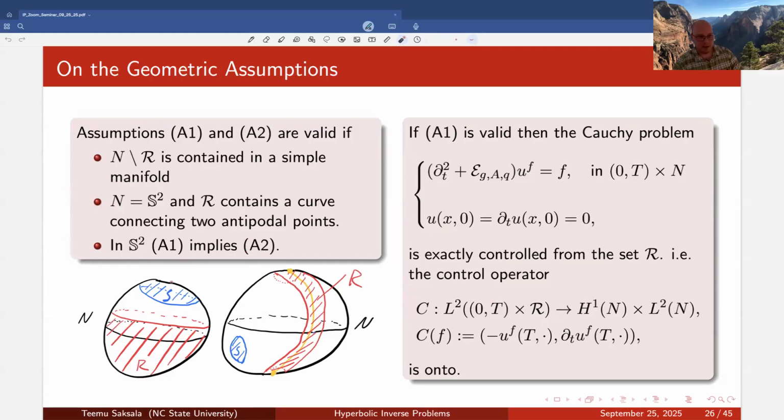So this kind of setting would satisfy both of these conditions, because if you think about any great circle which would go here on the upper hemisphere, it has to come and hit my lower hemisphere also. In particular, it has to touch my set R. Okay, so my A1 condition is true.